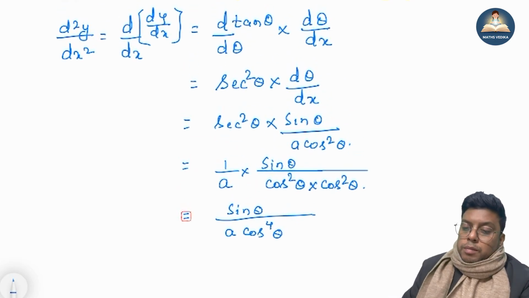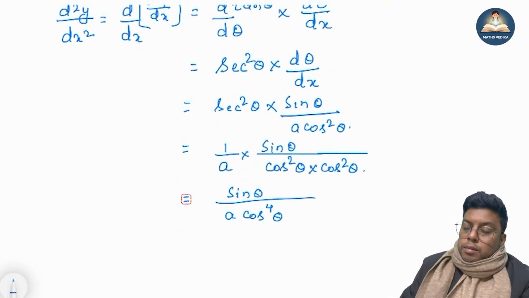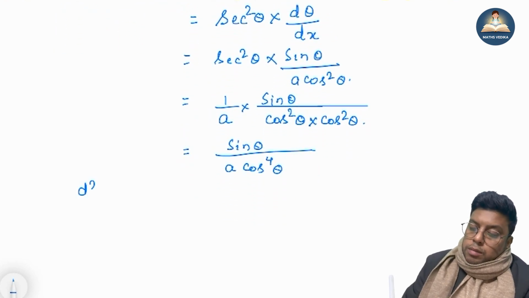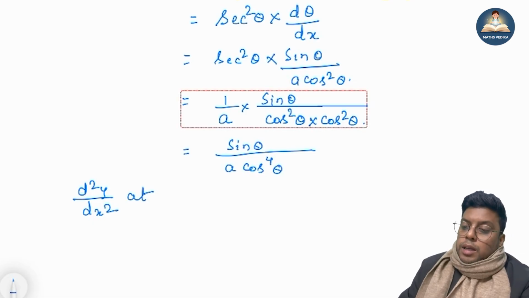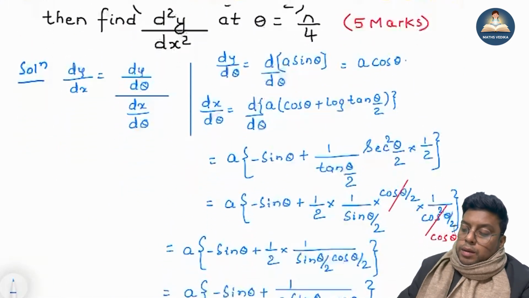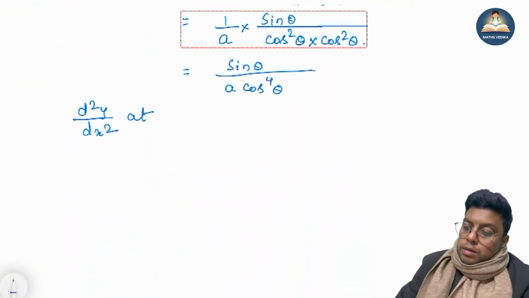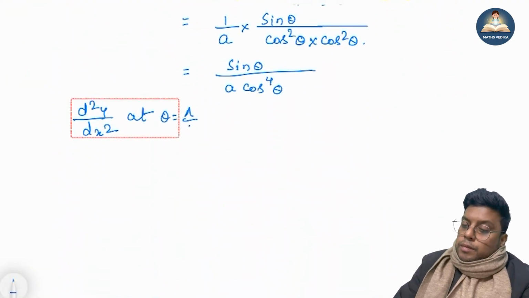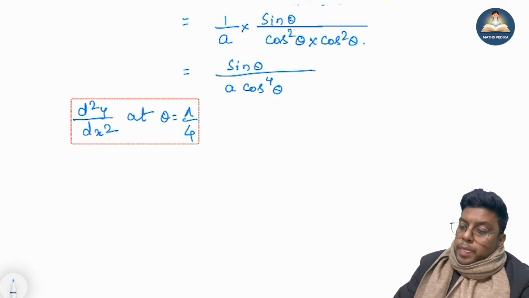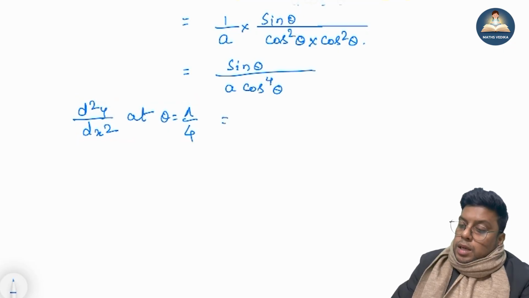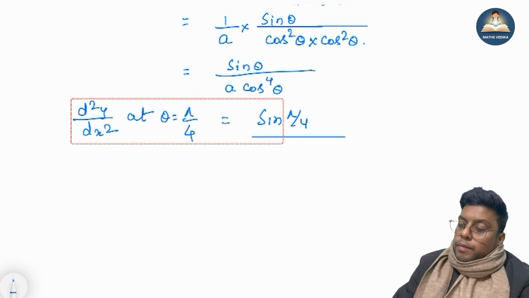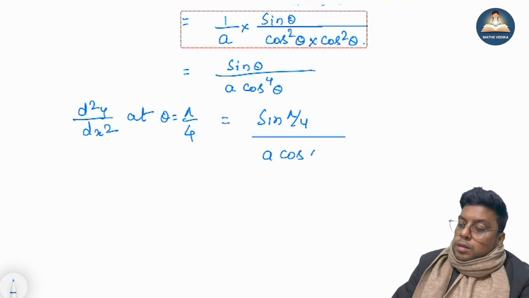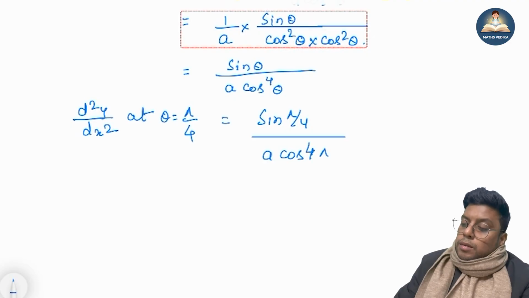Now we have to obtain d2y by dx square at theta equal to pi by 4. So putting the value of theta as pi by 4, we have sin pi by 4 divided by a cos to the power 4 pi by 4.